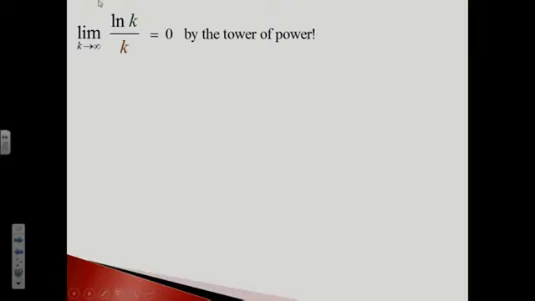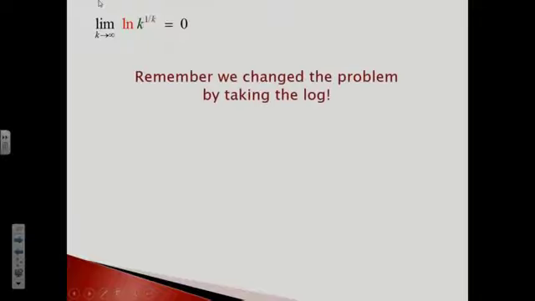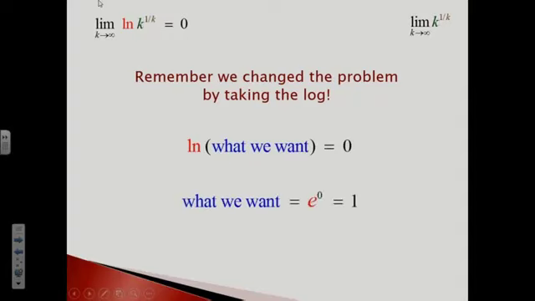Another way to find this limit is to switch to the continuous case, replacing k by a real variable x and using L'Hopital's rule. The limit equals 0. So the limit of ln of k to the power of 1 over k is 0. Remember that we have changed the problem by taking the log. The log of what we want equals 0, which implies what we want is the exponential of 0. The result is 1.